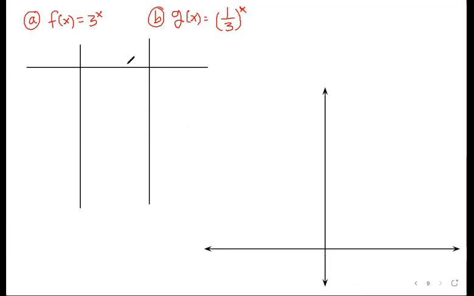So I'm going to use the values here: x, here f of x equal 3 to the x, here g of x equal 1 over 3, everything to the x. What does that equal actually? I want to write it without a fraction.